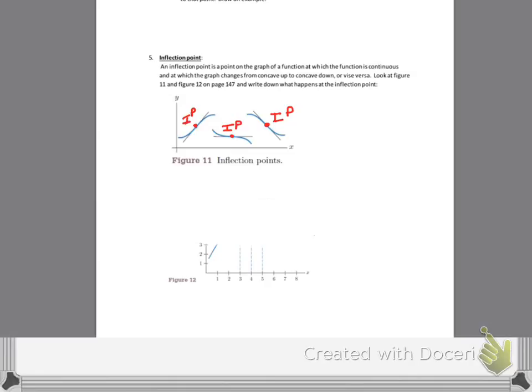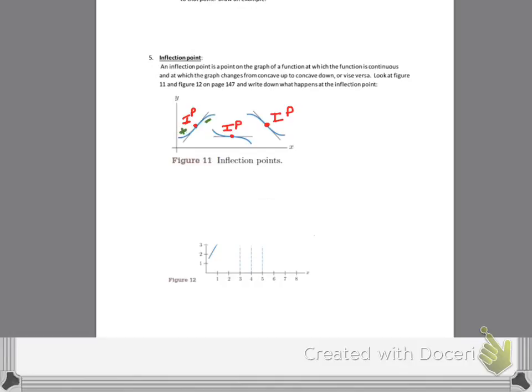So look at the concavity. To the left of the first inflection point, I see that I am concave up. To the right, I am concave down. So the inflection point marks that change.